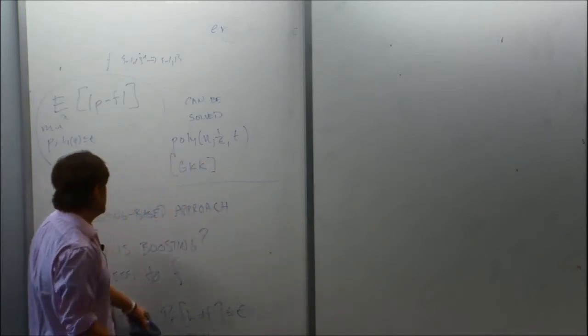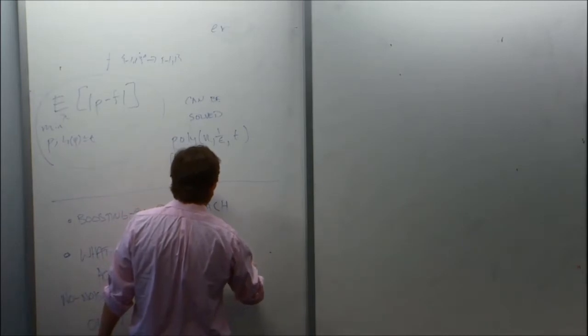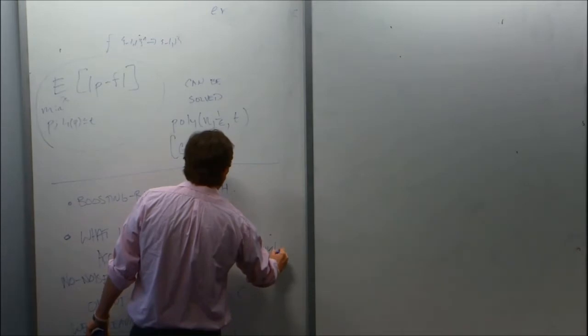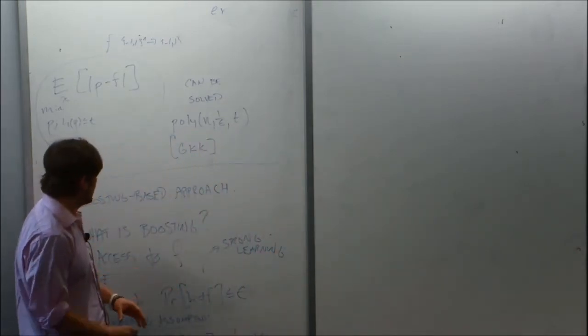Being able to come up with an epsilon accurate hypothesis is often referred to as strong learning. And if you're only able to come up with a hypothesis that has accuracy 51%, we call this weak learning.